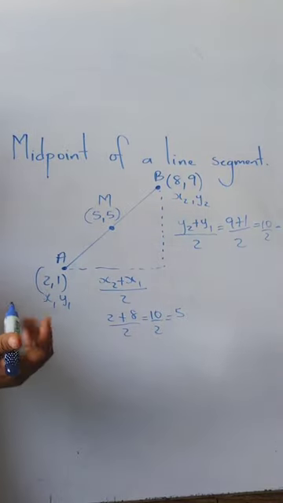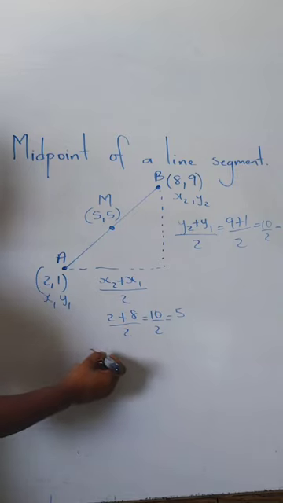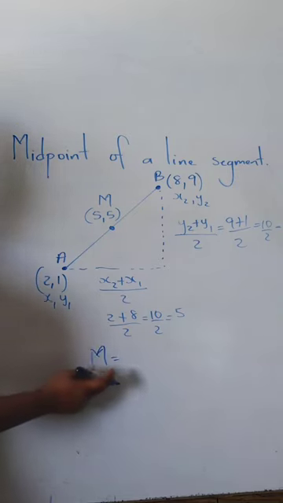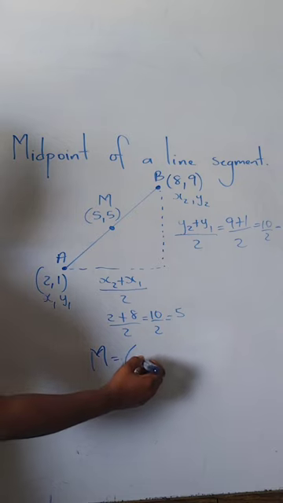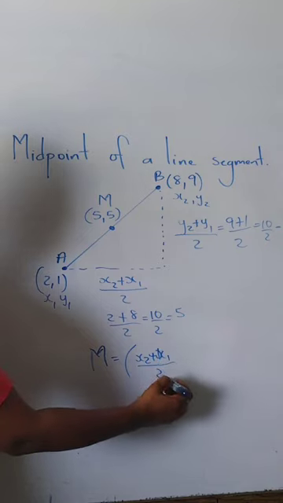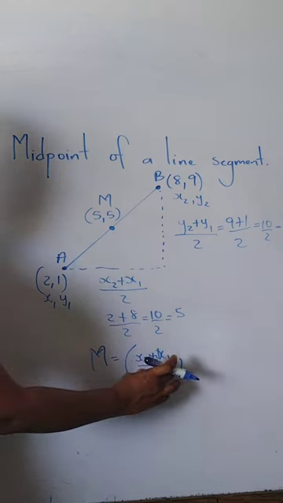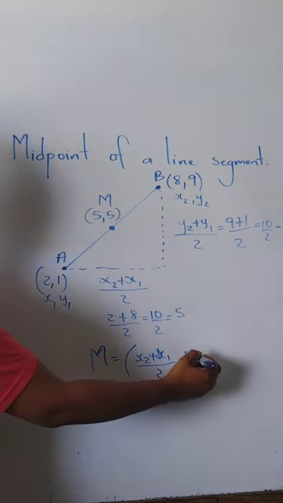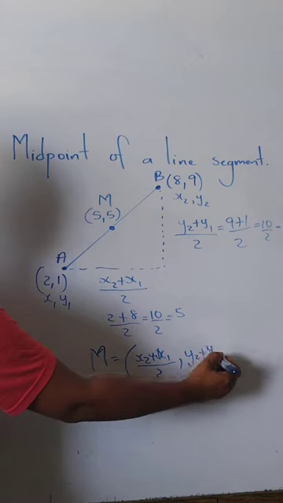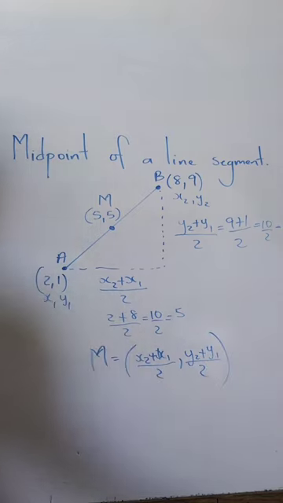We have our little formula that we can utilize as our shortcut. I want to find the middle of the line segment, the midpoint. What am I using? The first coordinate is x: x2 plus x1 divided by 2, comma, because it's a point, so this is going to result in a coordinate, and this is going to be y2 plus y1 over 2, because we are finding the middle.